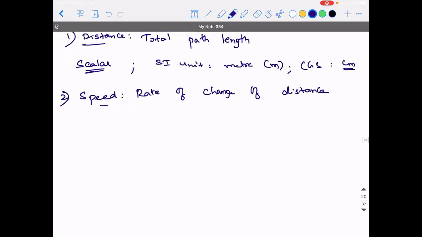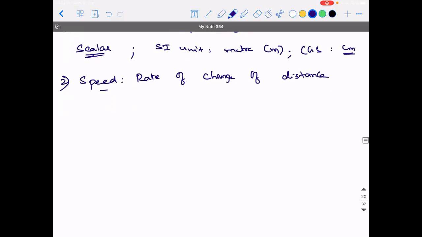For example, positions A and B. The position of the object is at distance D1 at time T1, and at distance D2 at time T2. How can I define speed according to this scenario? How much is the distance covered by the object?